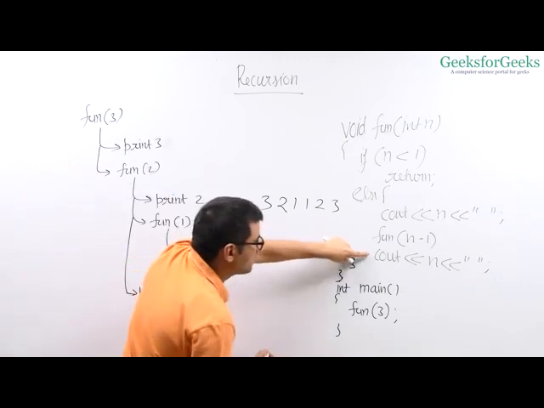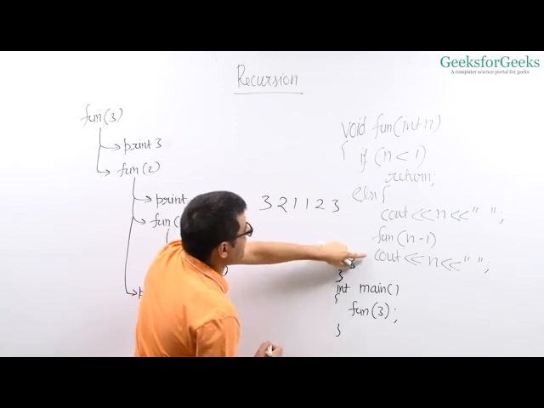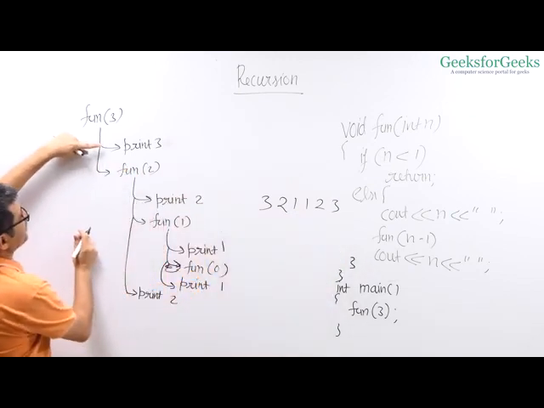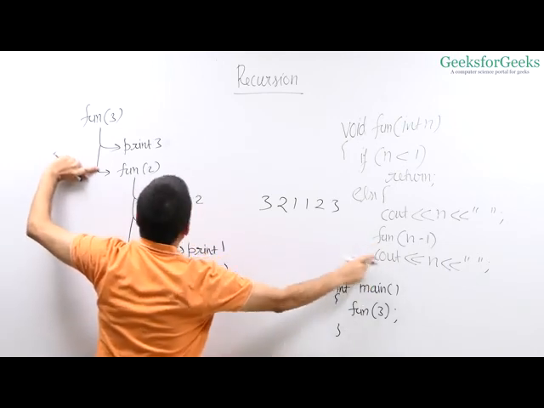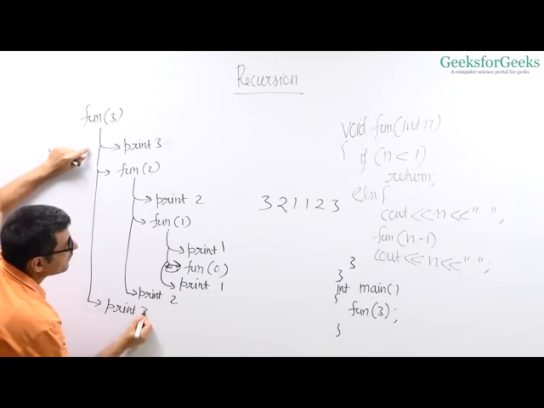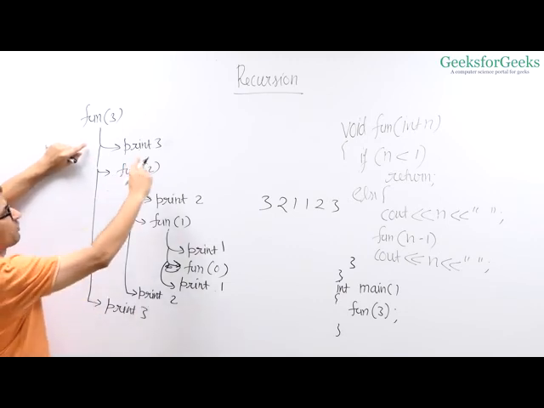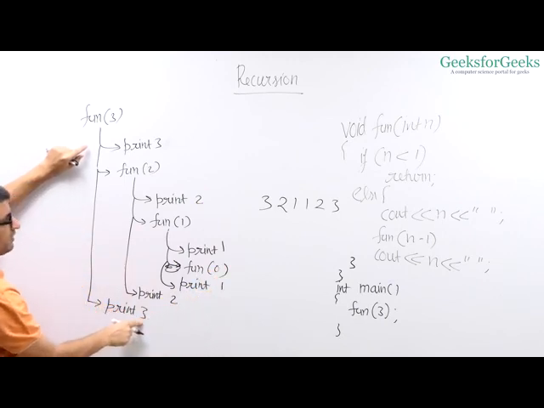Fun2 has nothing more to do now. It returns and sends control back to fun3. Fun3, which was waiting at this point, now prints 3. So you got the output 3, 2, 1, 1, 2, 3.